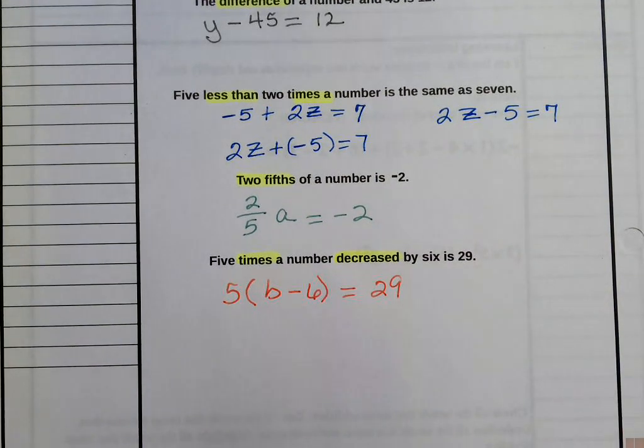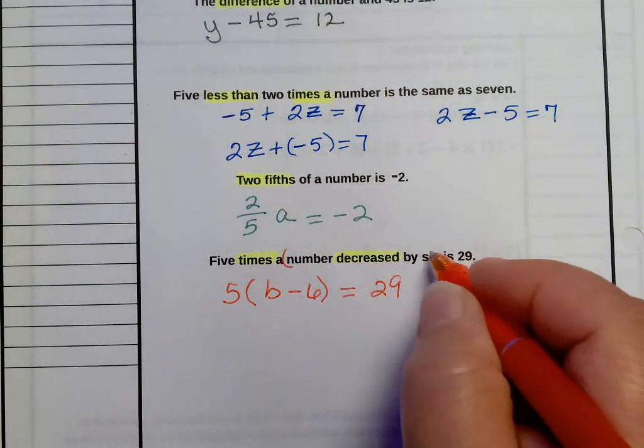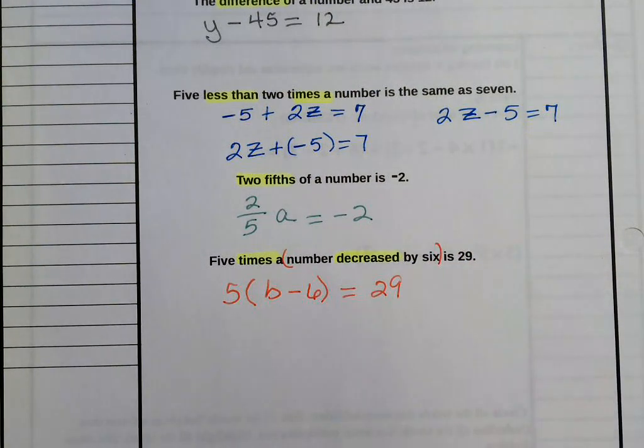Now, why do we have to put this part in parentheses? Because we don't know what B is. We don't know what that number is. If we don't put it into parentheses, then we will multiply by 5, we'll have 5B, and then we'll minus 6, which is not the same problem.